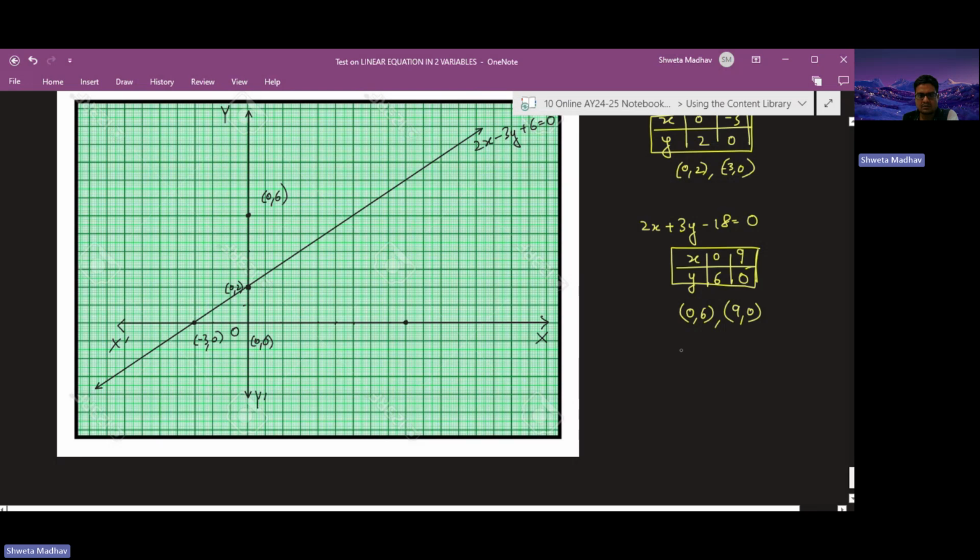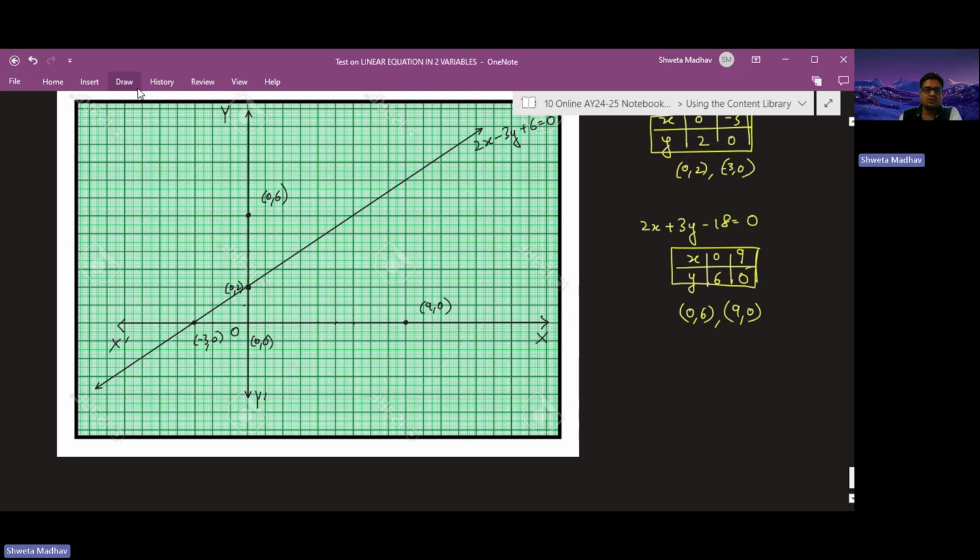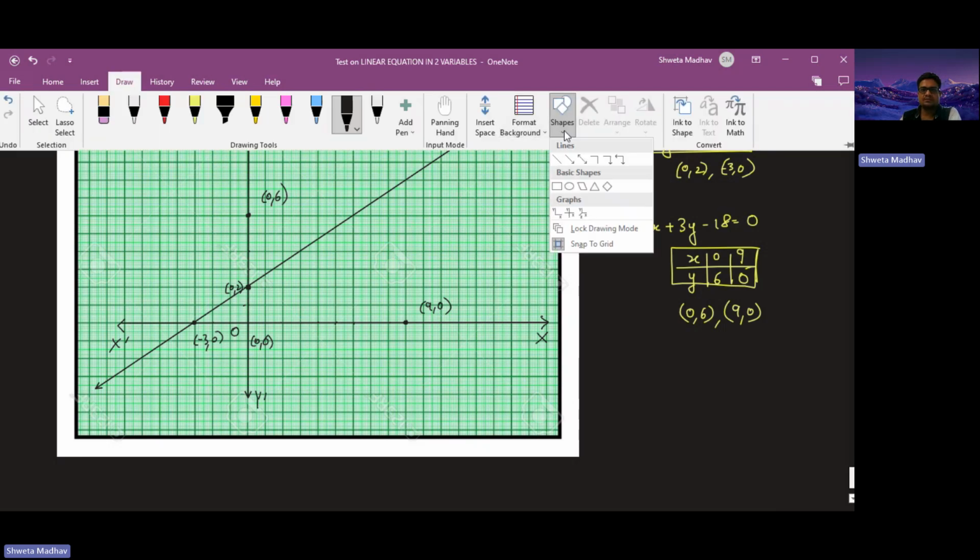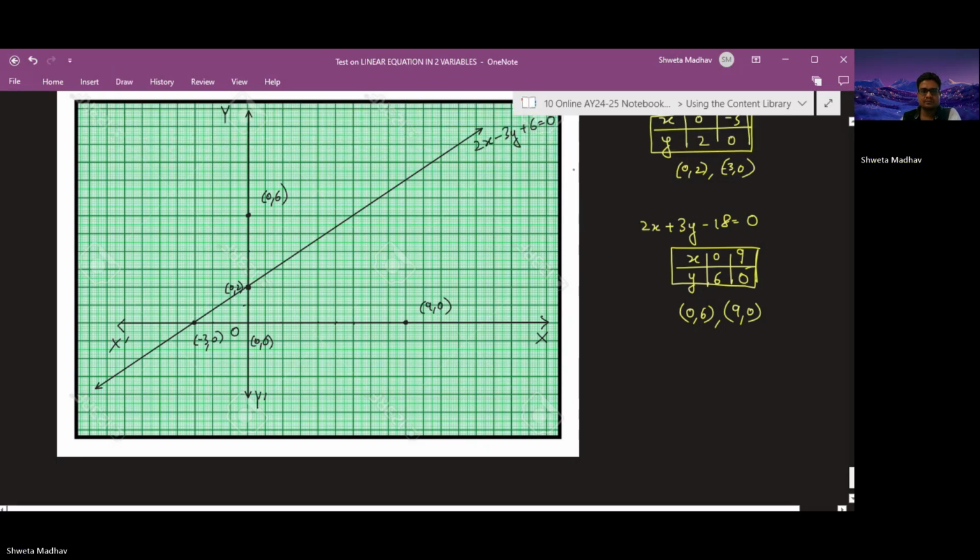So this point is (9, 0). These two points we will join and extend them. As you can see, this is the line whose equation is 2x plus 3y minus 18 equal to 0.